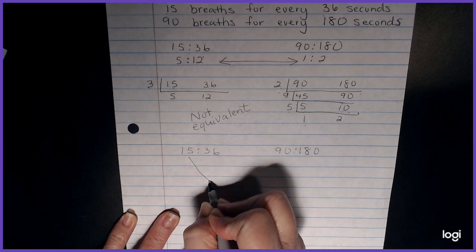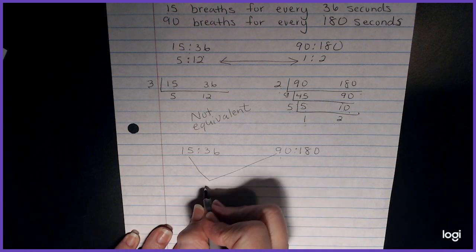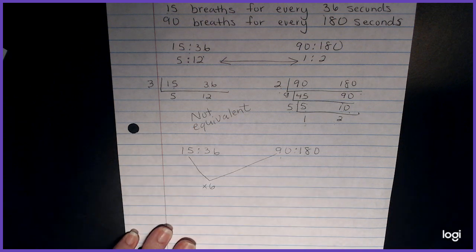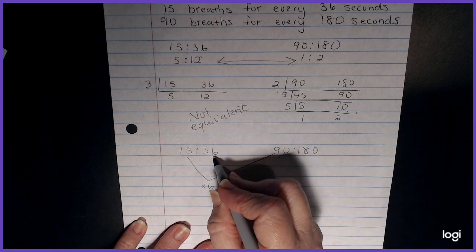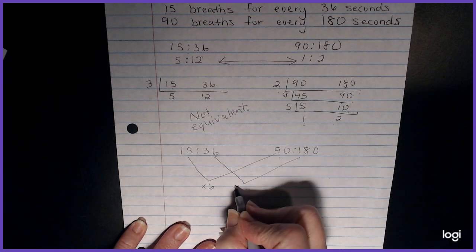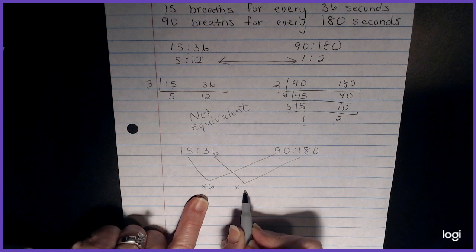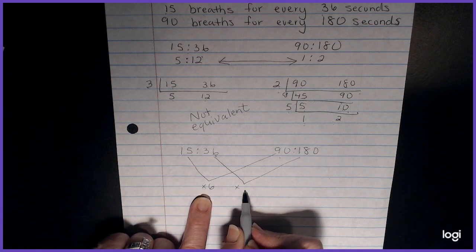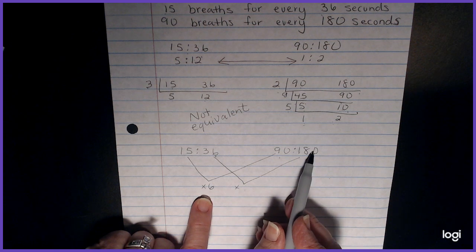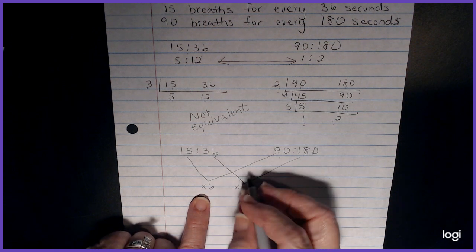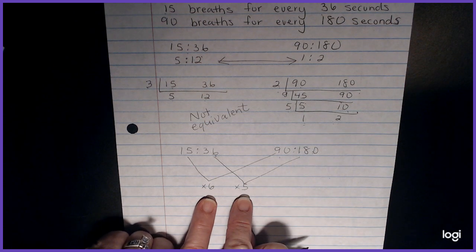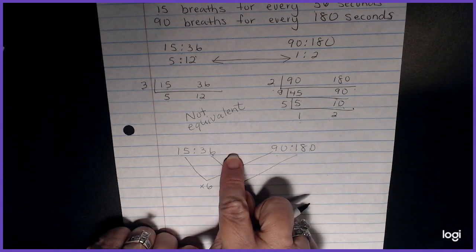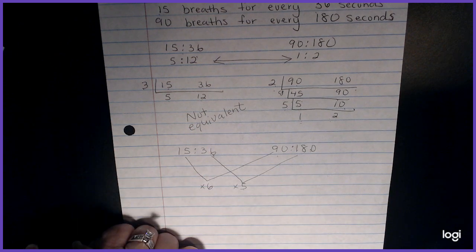Well, 15 actually goes into 90 6 times. Now, in order for this to be equivalent, remember, if I do the second number to the second number, this has to be a 6, right? And if this is a 6, they're equivalent. Well, unfortunately, 36 times 6 does not equal 180. It's actually 36 times 5 equals 180. So if you notice, these two are not the same numbers. So I still would have gotten the answer, not equivalent.